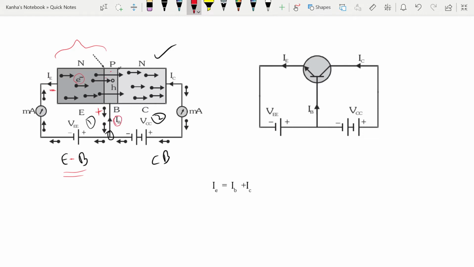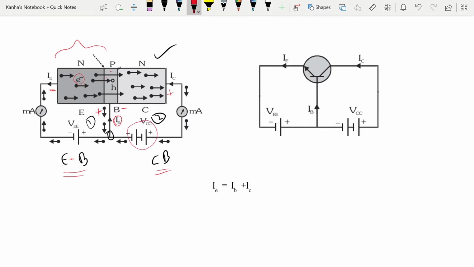And after that, what you need is a very high reverse bias in the CB loop, which is the collector base loop. What this does is, because this is at a higher potential and this is at a lower potential, whatever remaining electrons are there in the N region, which have reached from the emitter region, are quickly moved towards the battery here.